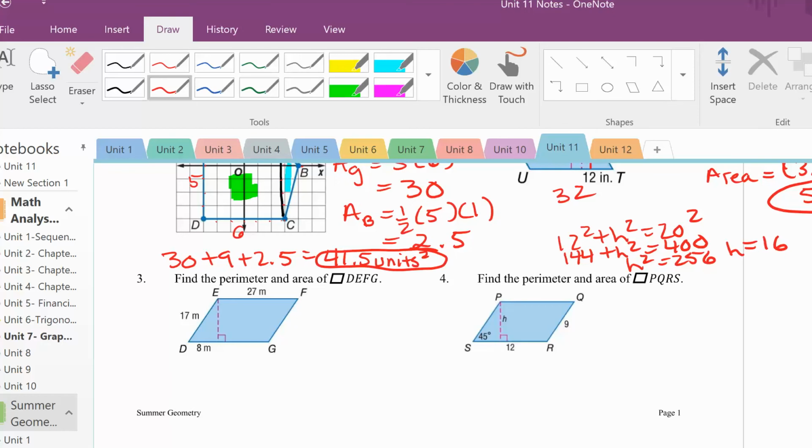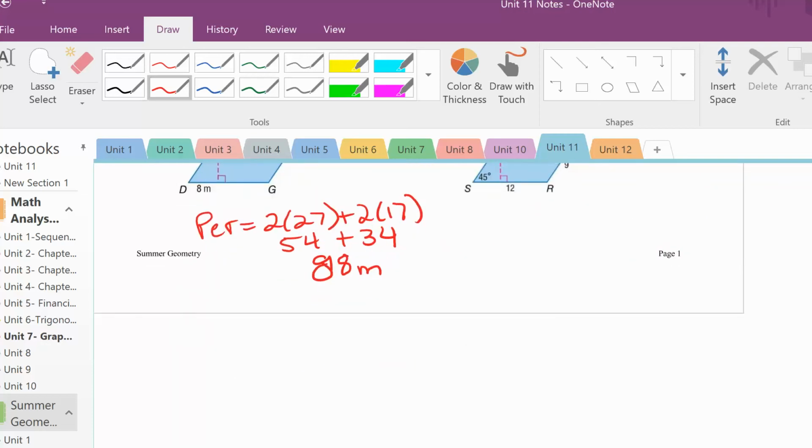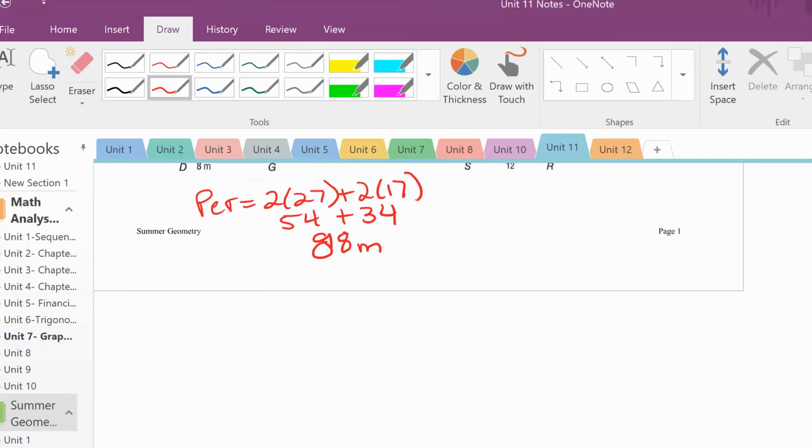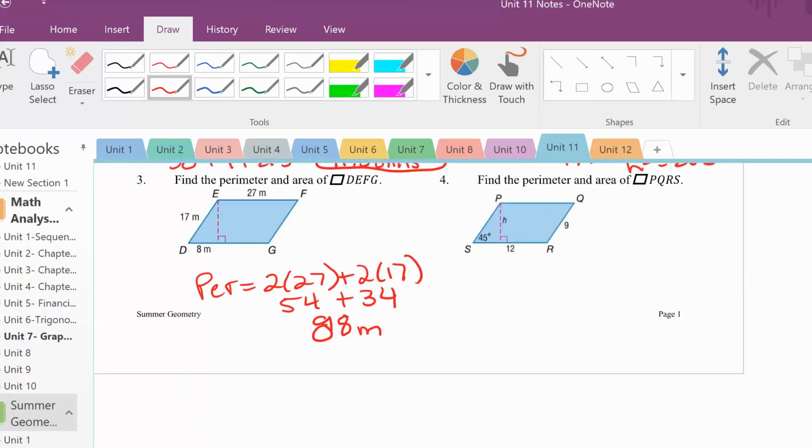All right, same thing for the next one. Perimeter, well, perimeter is 2 times 27 plus 2 times 17. So it's 54 plus 34, which is 88. And then the area.